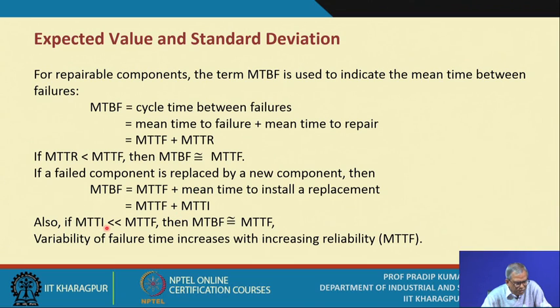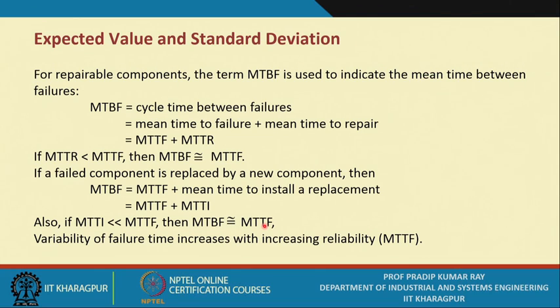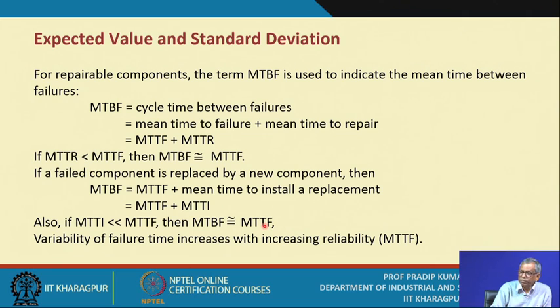So if the mean time to install is less than or equal to MTTF, then obviously MTBF is approximately equal to MTTF. So you know what is MTTF, you know what is MTBF, how MTBF is related to MTTF, and what is MTTR, and under what conditions, whether the condition of replacement or the condition of repair, MTBF may be equated with MTTF.